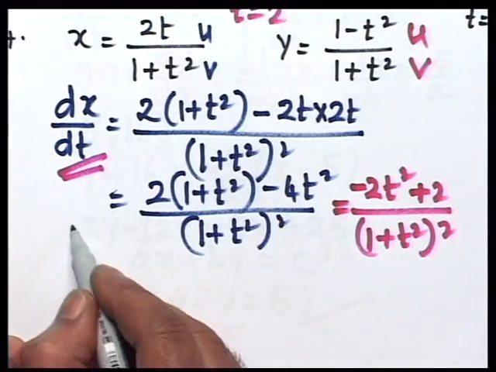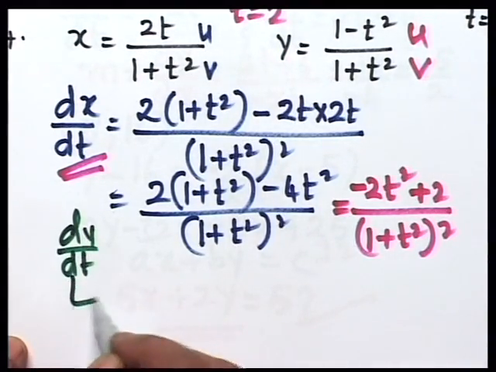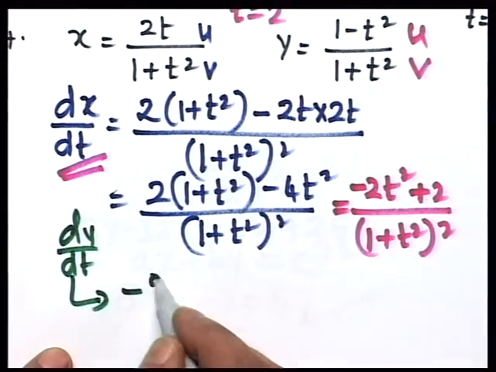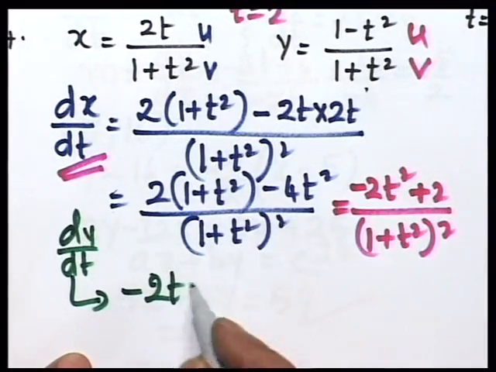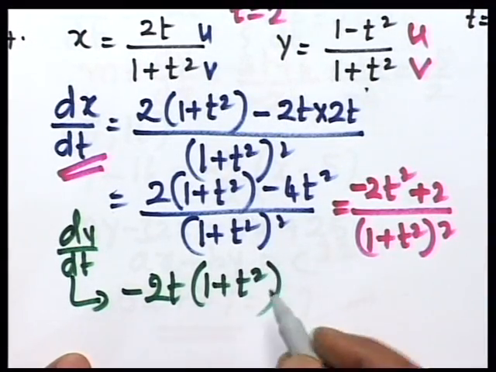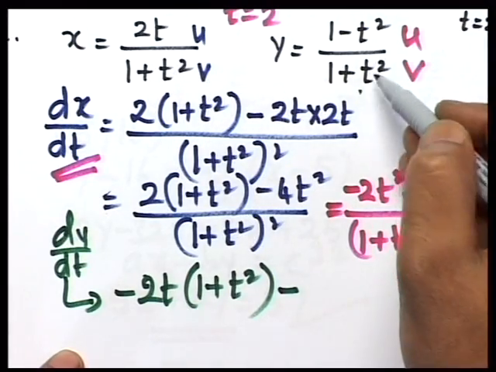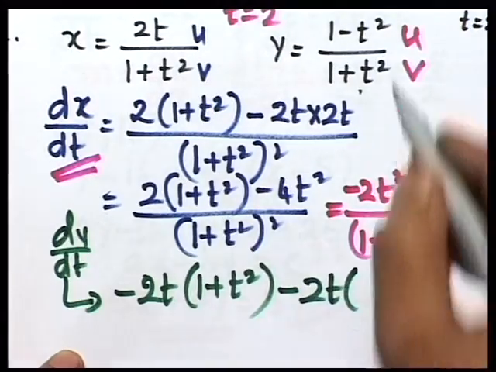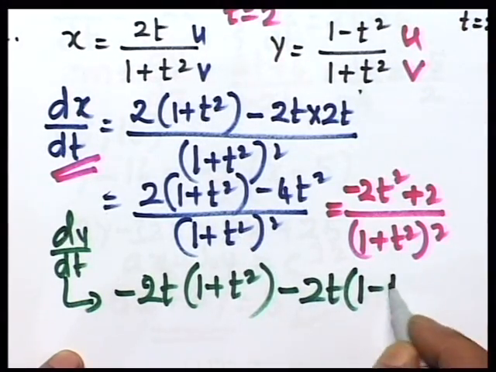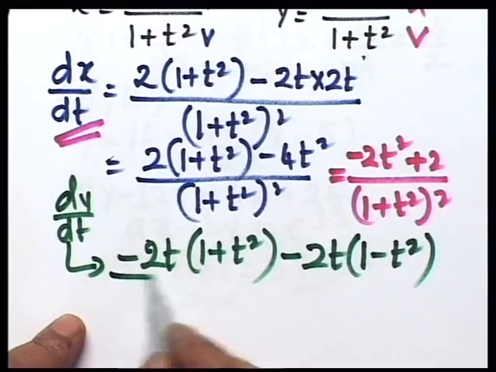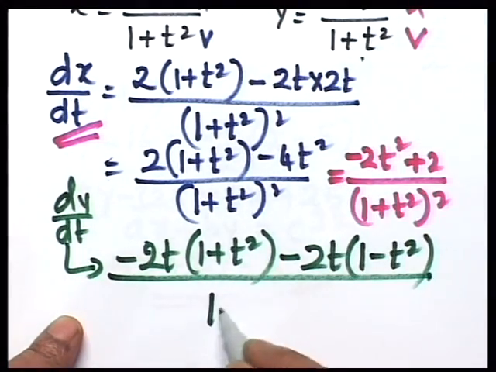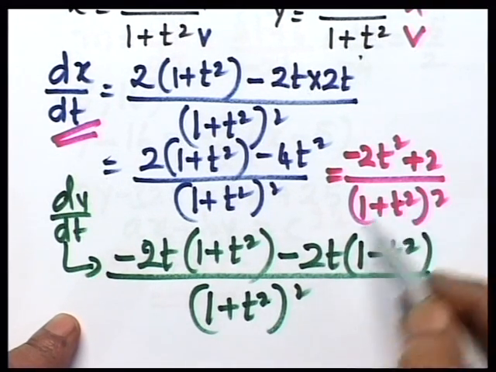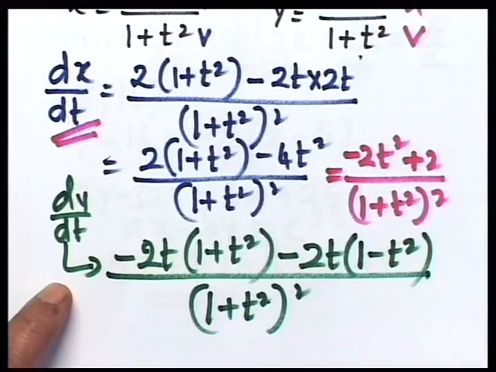Now this is dy over dt, please, right? u dash v, so minus 2t. v is this, so that's 1 plus t squared and minus u v dash. v dash is 2t, so let's write that first, and u comes as 1 minus t squared, right, divided by, please understand, v squared, so that's 1 plus t squared whole squared. That's the idea. I mean, those two actually cancel out when you divide one by the other.